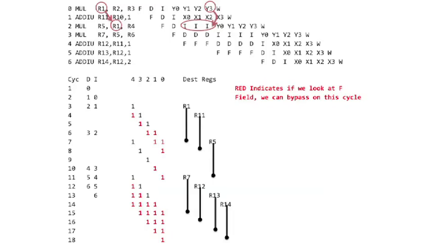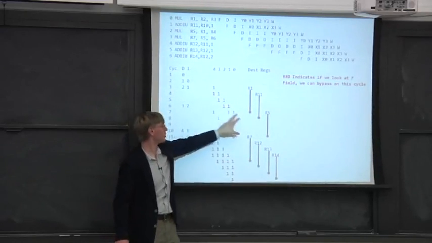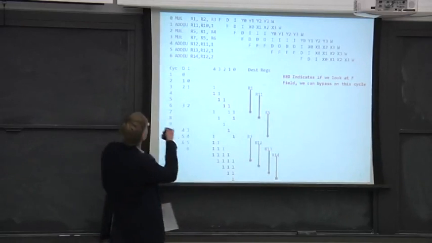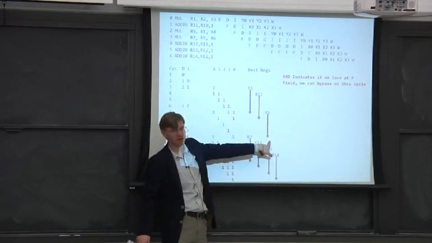If we go look at the scoreboard, that corresponds to this becoming red. And then we can issue instruction 2 to here, and we've basically bypassed that value. And register 5, which is the destination of instruction 2's multiply, is valid.